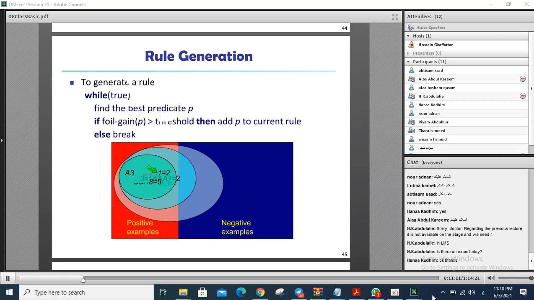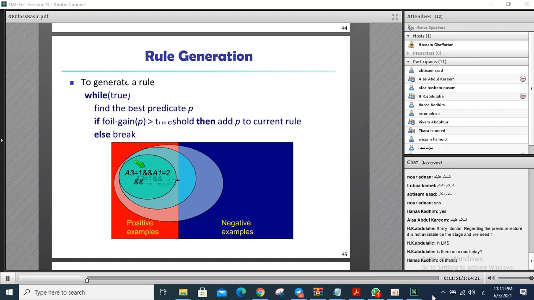Firstly, I'm generating a very general rule. Then I can add more and more conditions until reaching a very specific zone. For example, here the third rule is A3 equals 1 and A1 equals 2 and A8 equals 5.